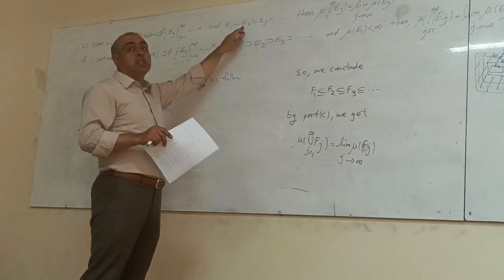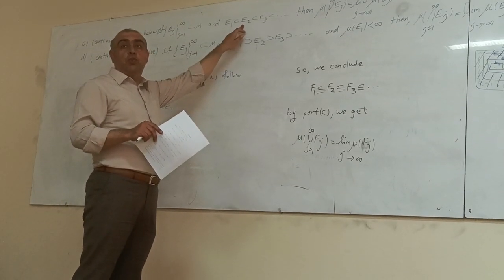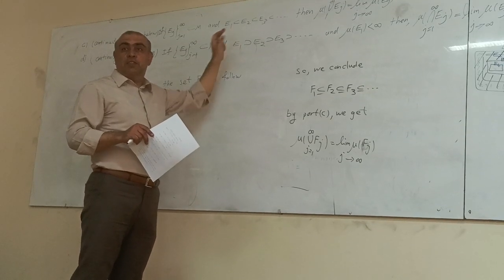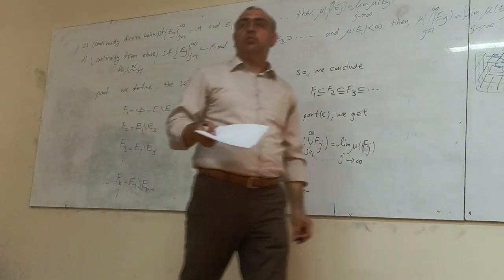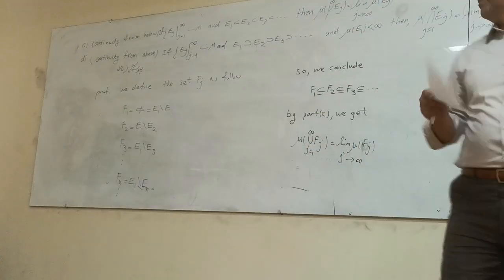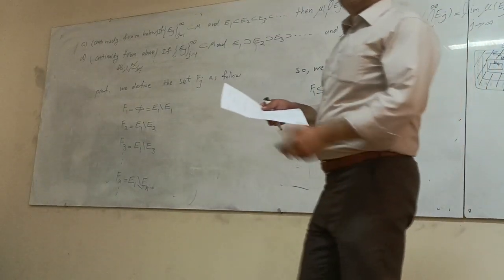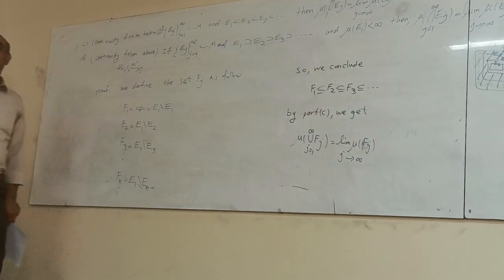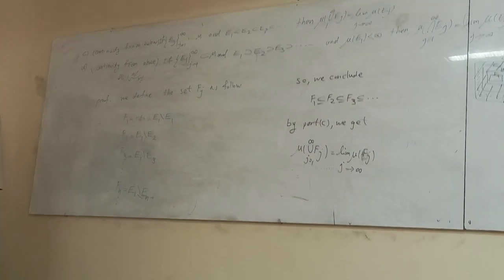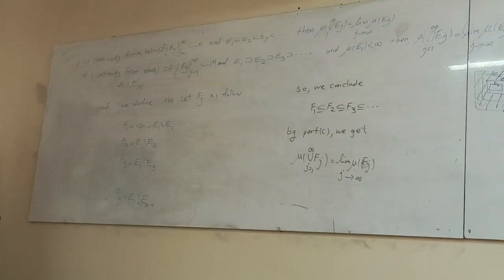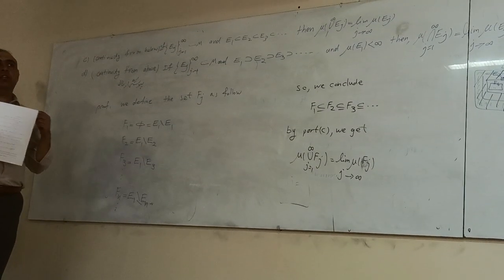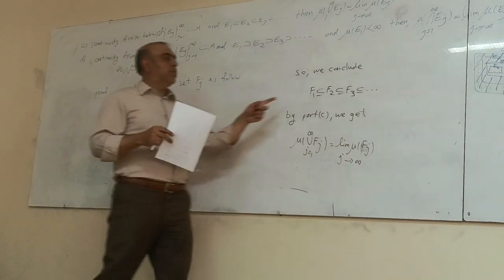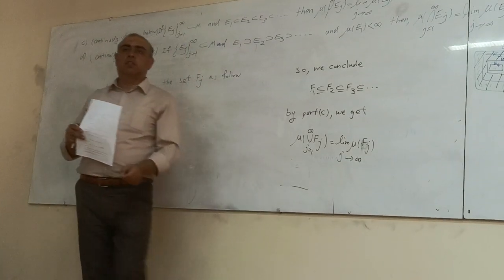E1 is a subset of E2, so E1 intersect E2 is E1. E1 and E2 are not disjoint. In part D, this is no problem for disjoint and not disjoint. We do not need disjointness of Fj.